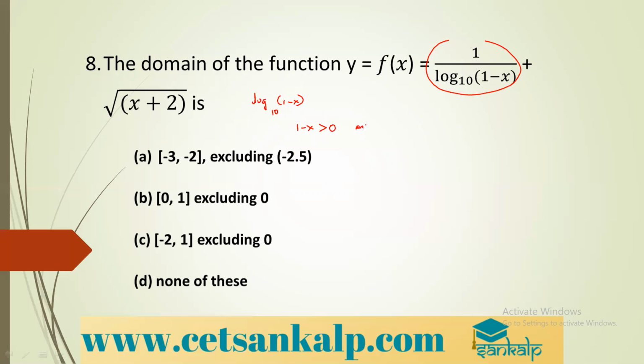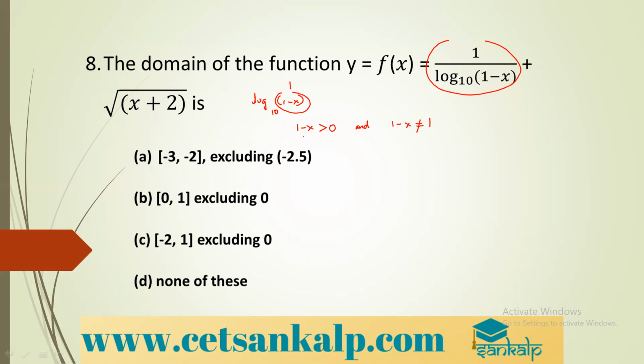And one more thing you can say, 1 minus x should not be equal to 1. It has to be greater than 0, but it should not be 1. Because if this is 1, then log of 1 is 0 in the denominator. If 0 is in the denominator, the function will become undefined.